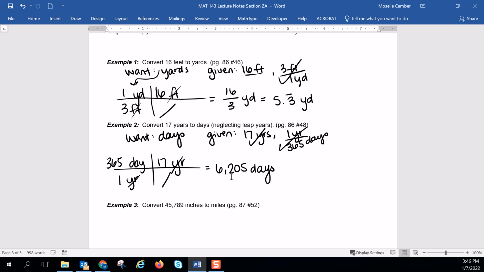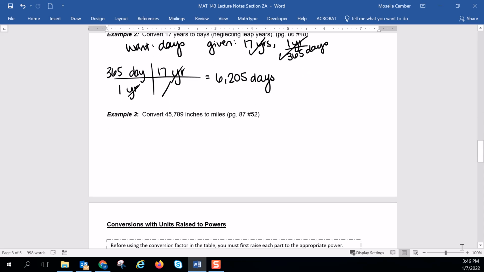Okay. Now both of these only took one step. Sometimes it takes more than one step to get there, especially if we don't want to look up an additional conversion. So here, they want us to convert 45,789 inches to miles. What they want is miles.